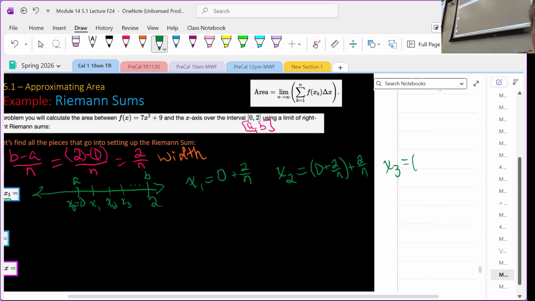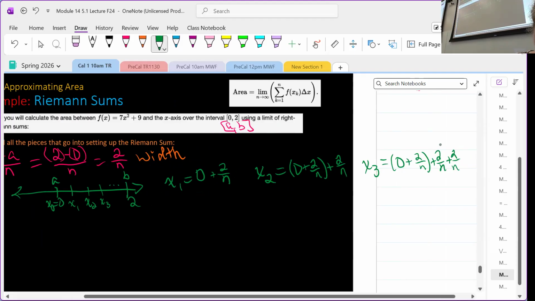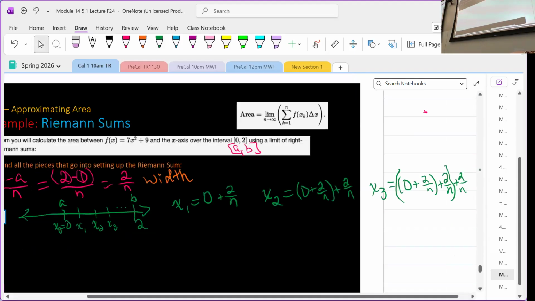My third x value is the previous x value plus another width, another increment over.